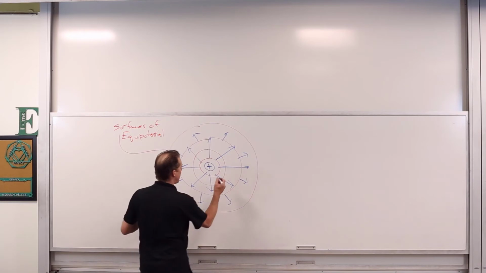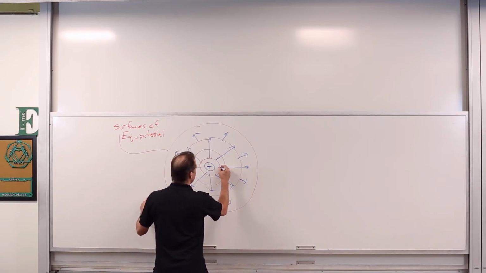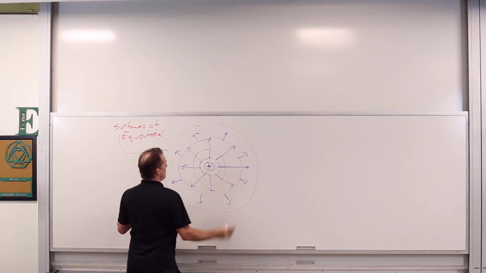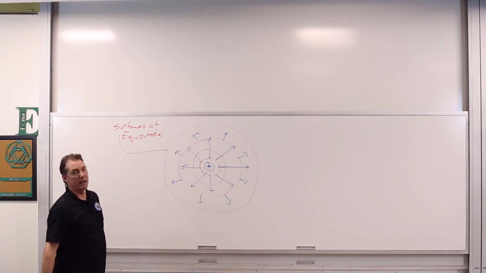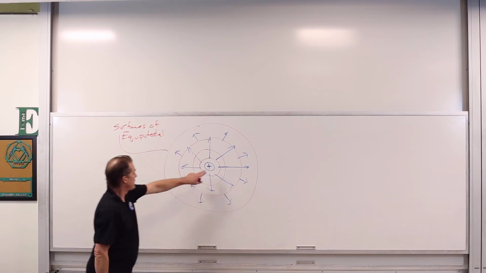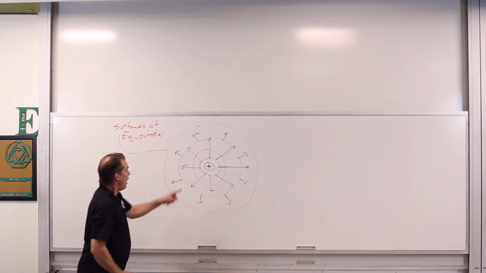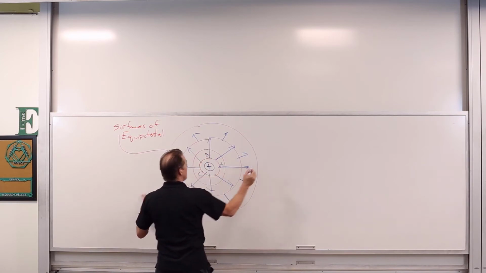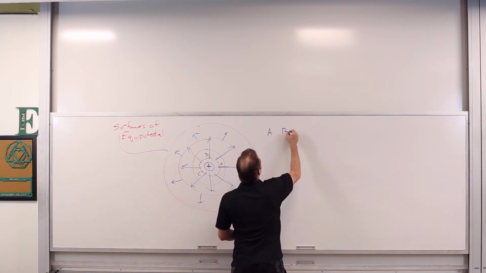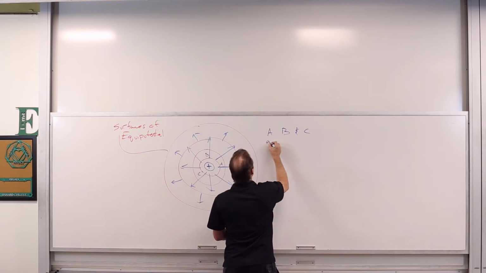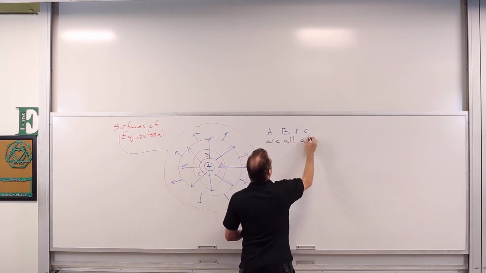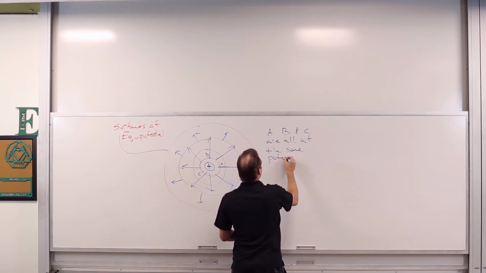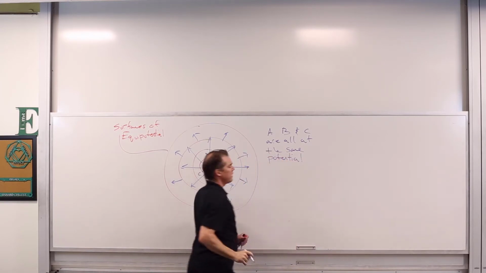That is, there is no difference in terms of changes in potential energy or potential differences in having a charge, say, right here, or right here, or right here, because those are all the same radial distance away from this other point charge. We've got, say, A, B, and C. A, B, and C are all at the same potential.